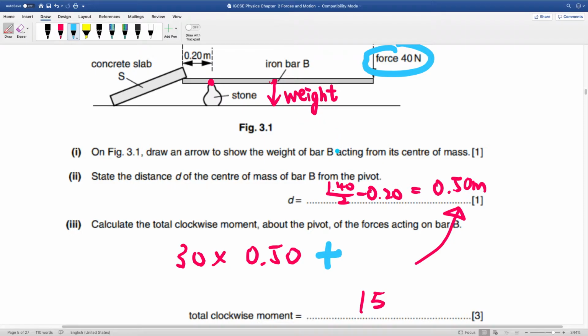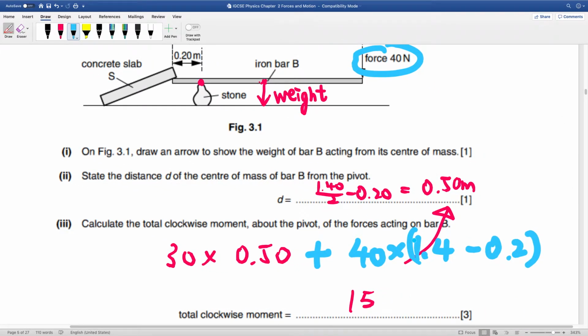So in case of the 40 Newton force, it's 40 Newton times 1.4 minus 0.2, which is 1.2, okay? You measure the distance from the pivot to the force. So gives you 1.2. Everyone gets trapped. I'm so sad.